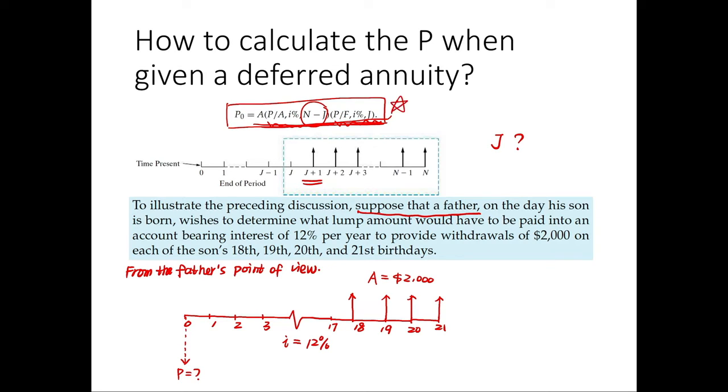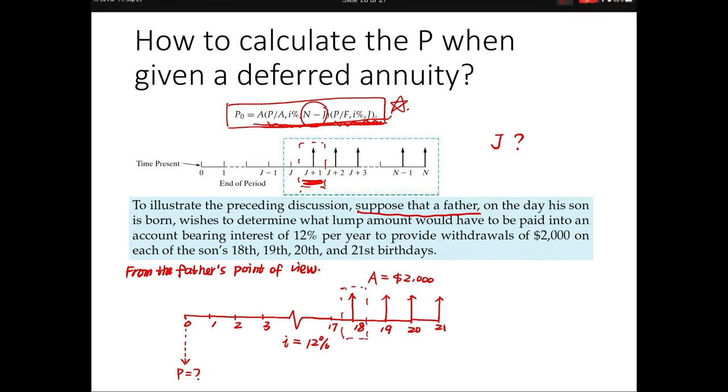And to know the P, you want to use this equation, okay? But the first thing is you need to find out the J, all right? So what is the J? So compare this where the first cash flow, first annuity happened. That's what we call J plus 1, the time J plus 1. And then compare that to this.